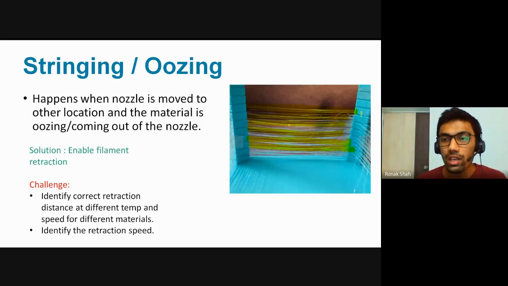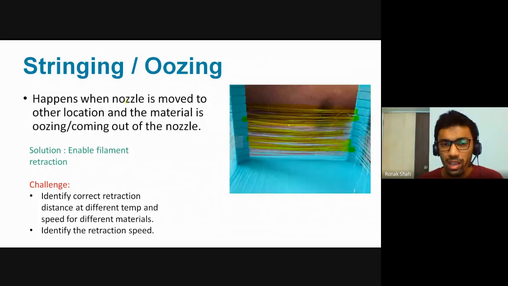Here you are printing pillars, and between them there is no printing to be done. So when it is moving from this location to this location, the nozzle is oozing some of the material.